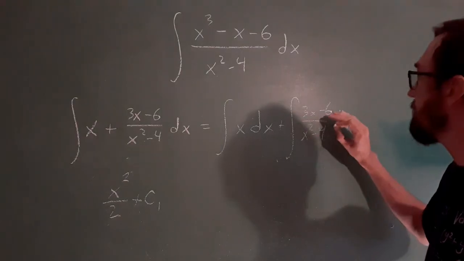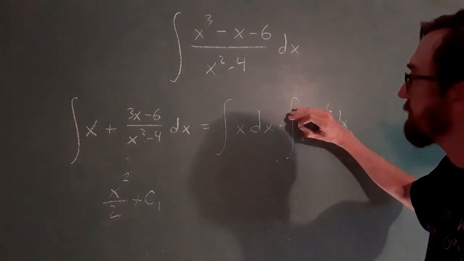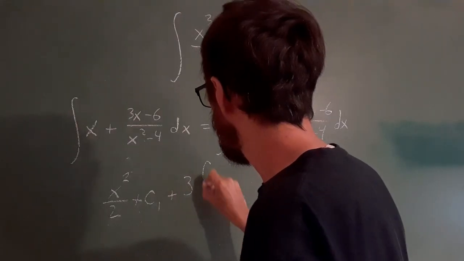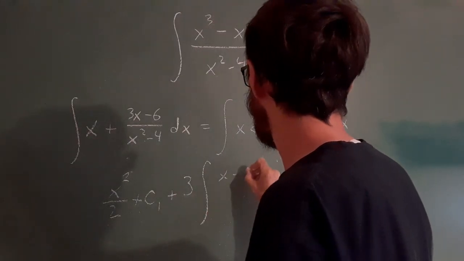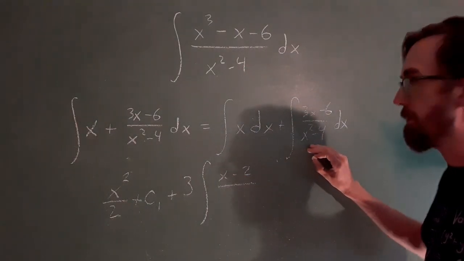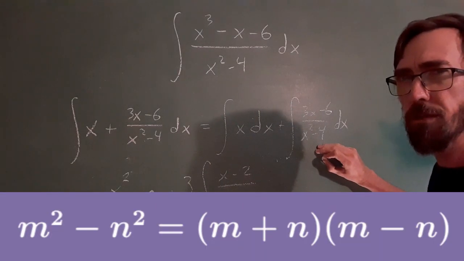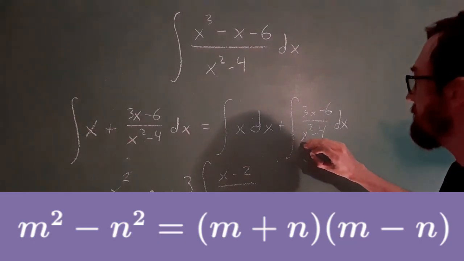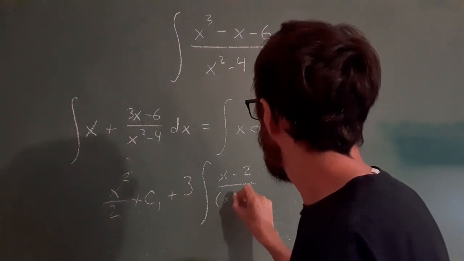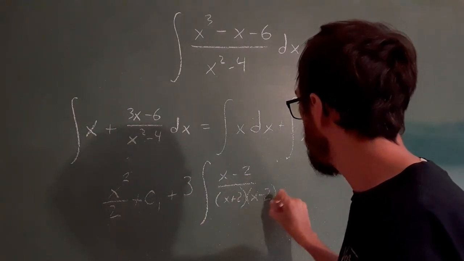Looking back over here, there is a common term of 3 that will divide out of the numerator. I'm going to factor that out and pull it through the integrand. And then looking at this denominator, this is a difference of squares. So you've probably at some point memorized a difference of squares formula. It's the square root of each term, written first with a plus, and then secondly with a minus.